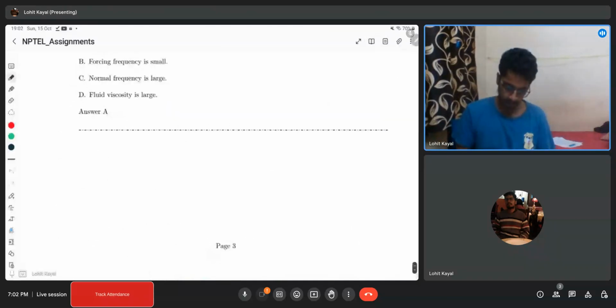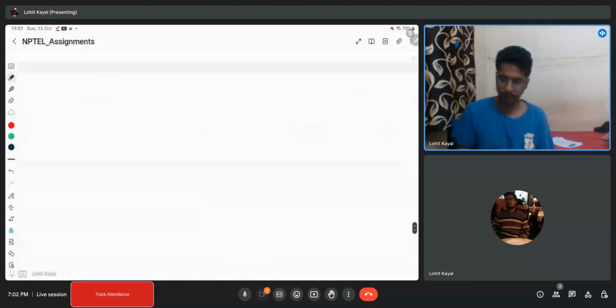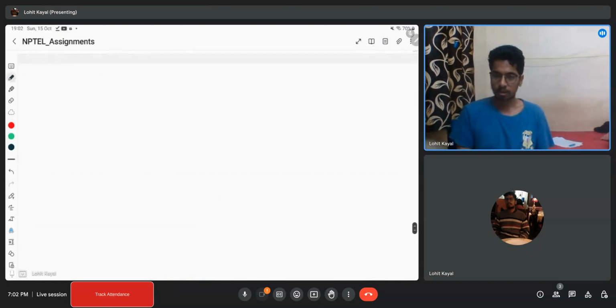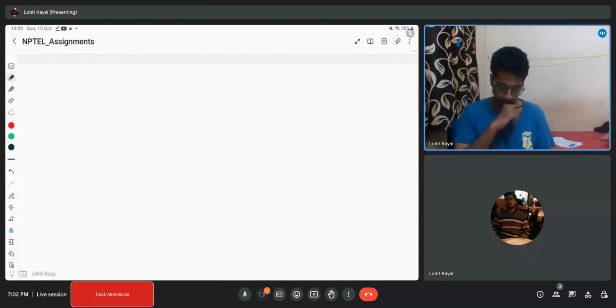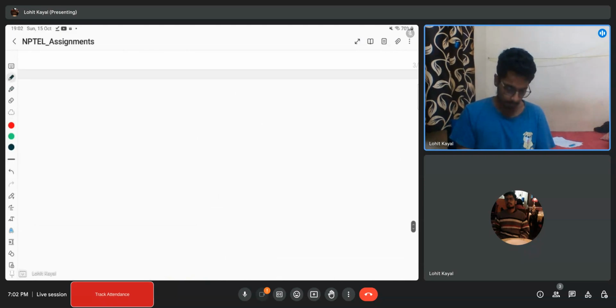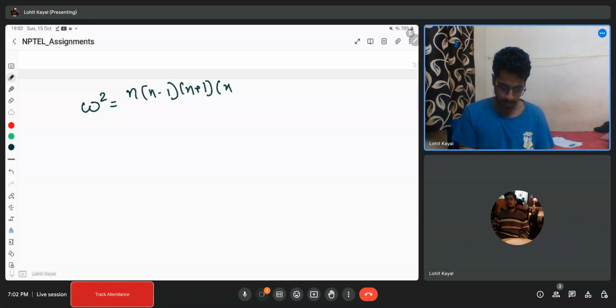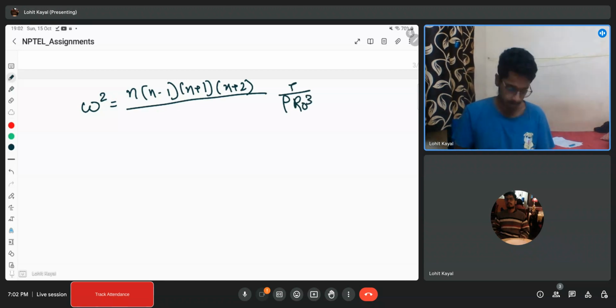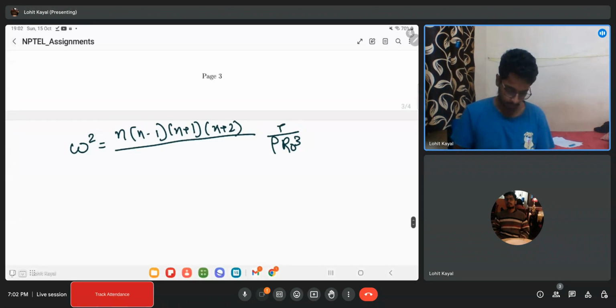Before discussing the Faraday wave, we will do a small exercise about the shape of the oscillation of a bubble. Remember the formula: omega squared equals n(n-1)(n+2) times sigma by rho r naught cubed. Just let me check the formula once.